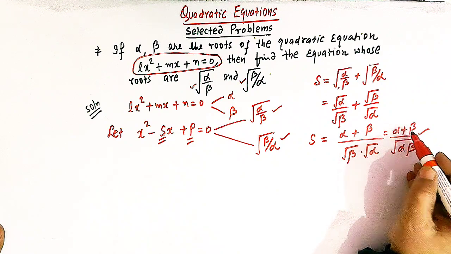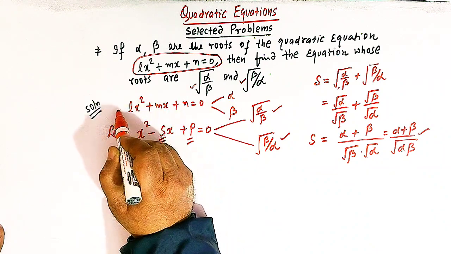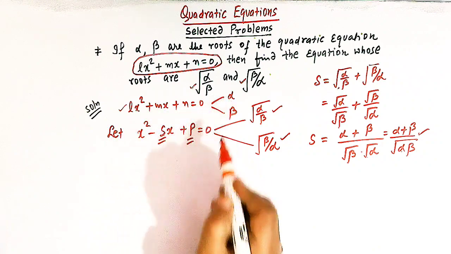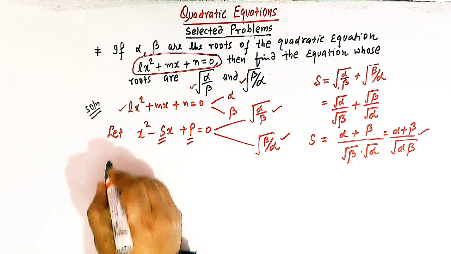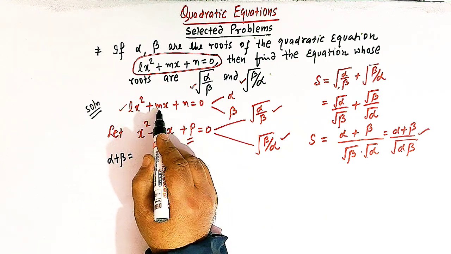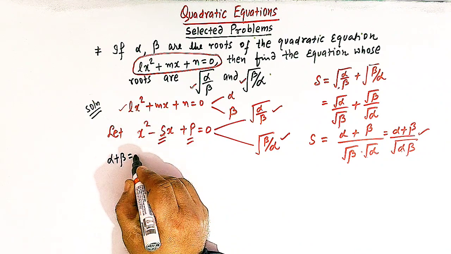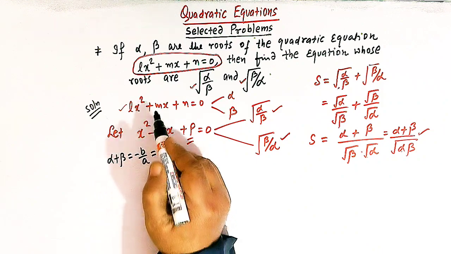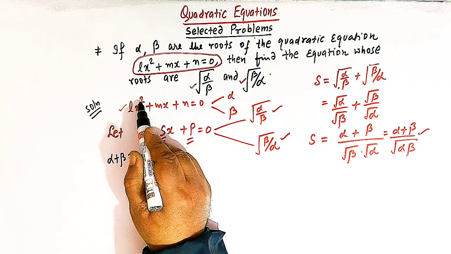Now alpha plus beta can be obtained from this quadratic equation, right? Because this quadratic equation has roots alpha and beta. So alpha plus beta is the sum of the roots of this quadratic equation, and we know that alpha plus beta is given by minus b over a, where b is the coefficient of x and a is the coefficient of x square.